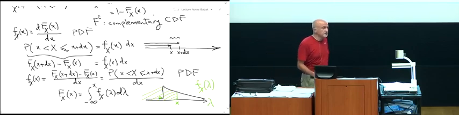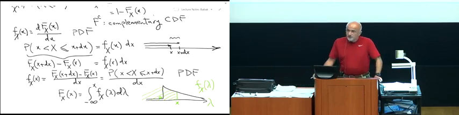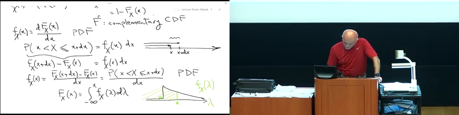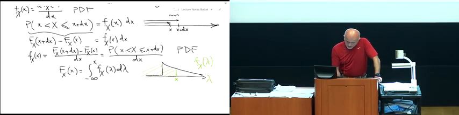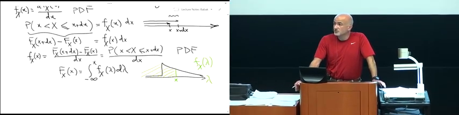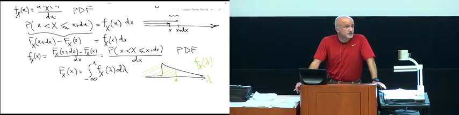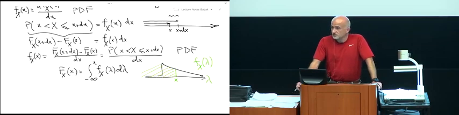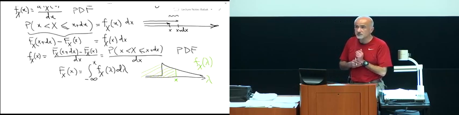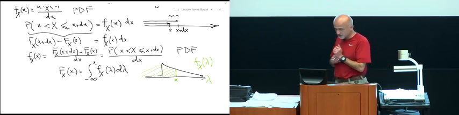So you specify some boundary point. If you integrate the PDF to the left of that boundary point, you get the cumulative distribution function. So whenever you have a probability density function, and you want to figure out the probability that the random variable takes on certain values, you just integrate the PDF over that set of values. And whatever area you get, that's the probability. Any questions? This is all review, except the complementary CDF.